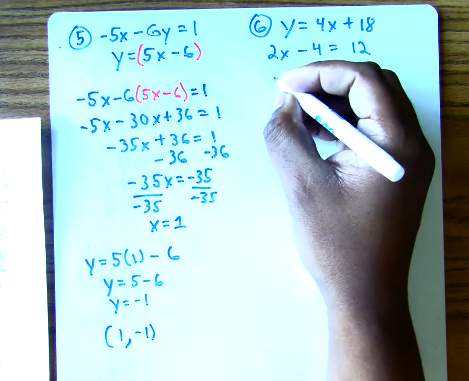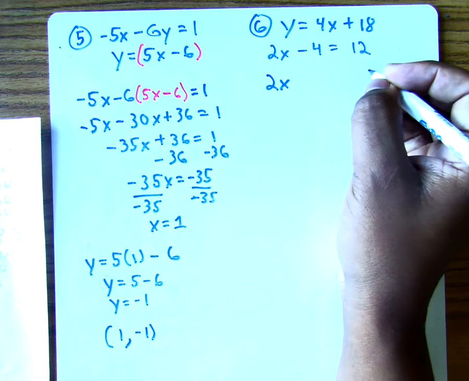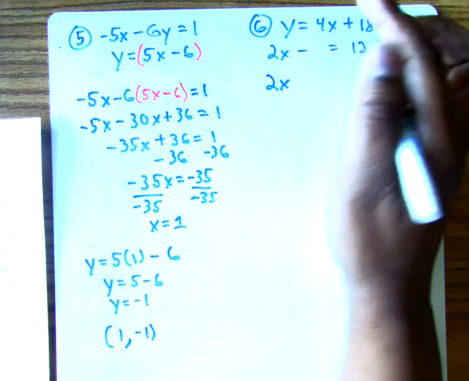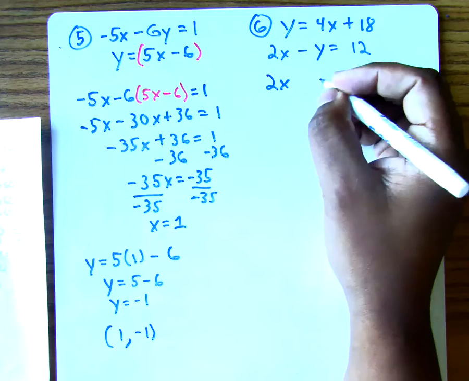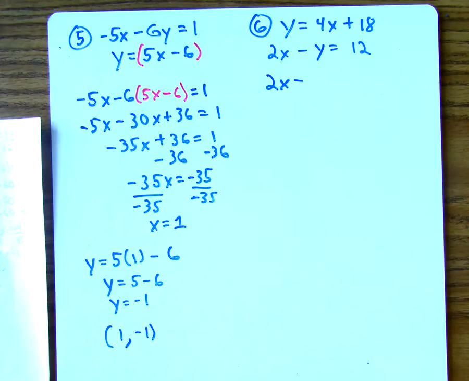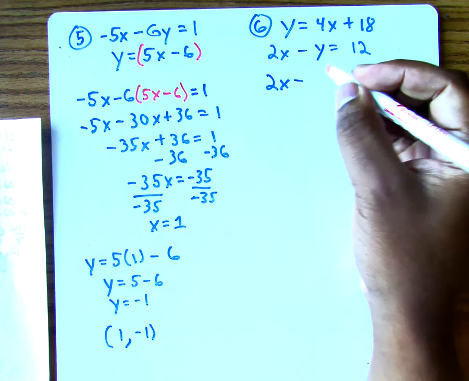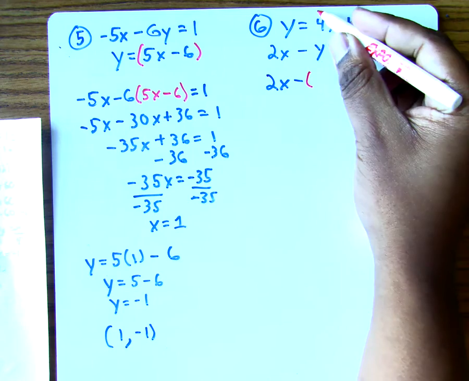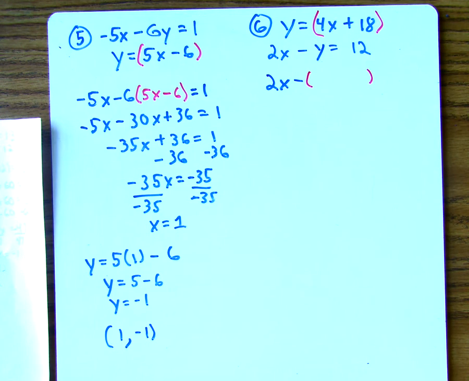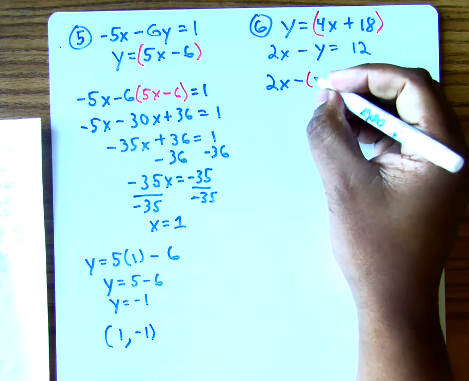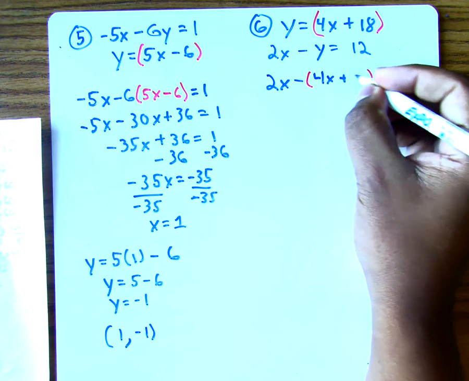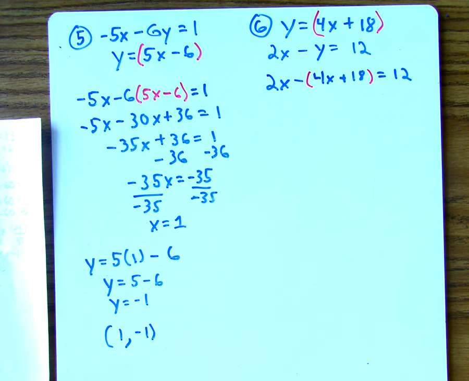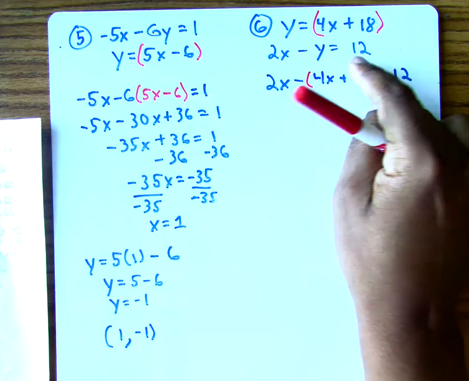I'm going to rewrite the equation here: 2x minus, and this is where I plug in my y value, which is this here. So I have 4x plus 18 equal to 12. I can write this in red, makes it easier.